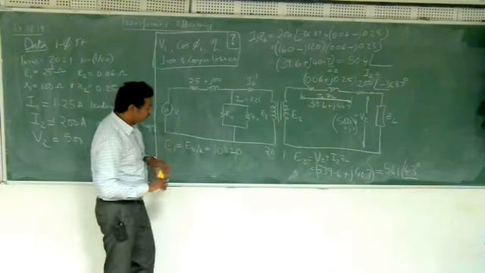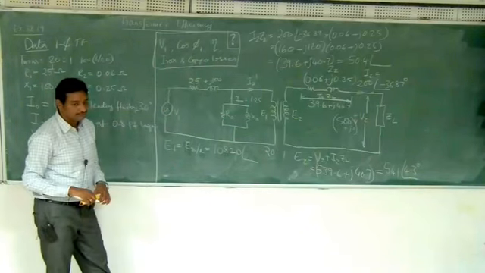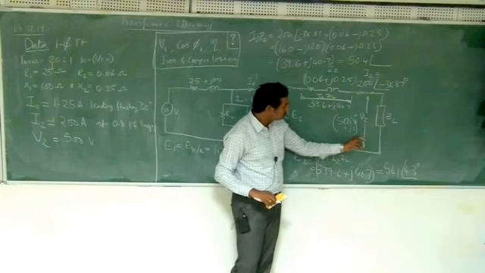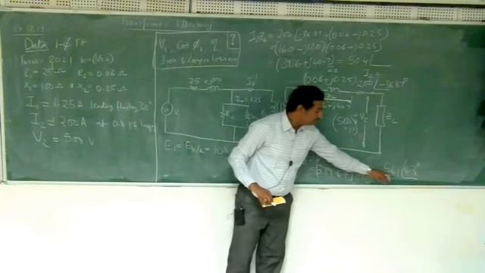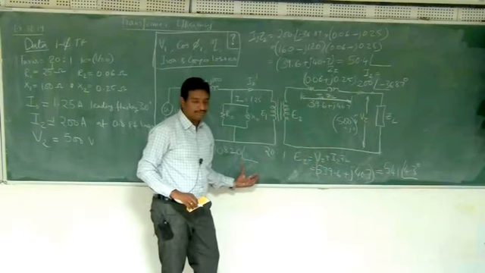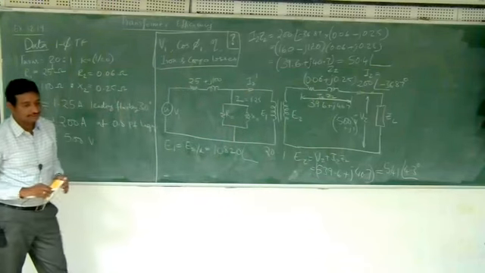Now the interesting question is, what angle will you keep here? We had taken V2 as reference. With reference to V2, E2 I am getting plus 4.3 degrees. So what is the angle you take here? This is a very important conceptual point.